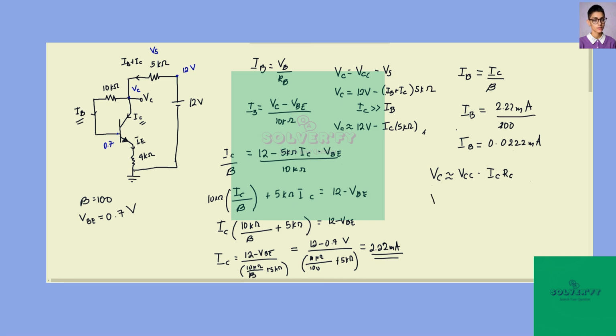And that is equal to 12 minus 2.22 milliamperes times the resistance 5 kilo ohms, or 12 minus 11.1 volts, giving us an approximate voltage for node C of 0.9 volts. Now box that as our final answer.